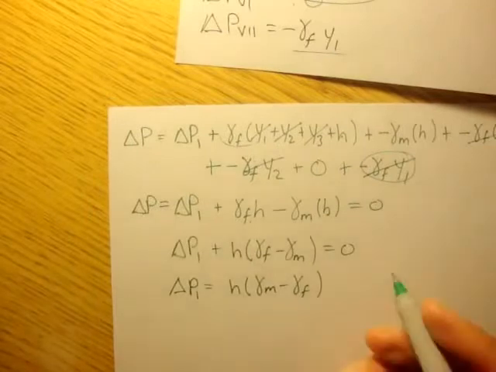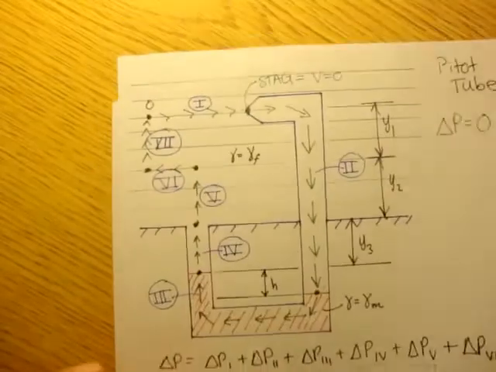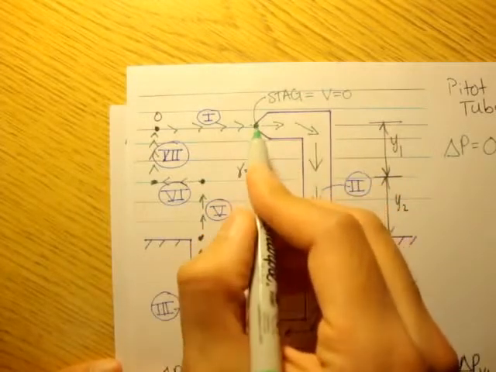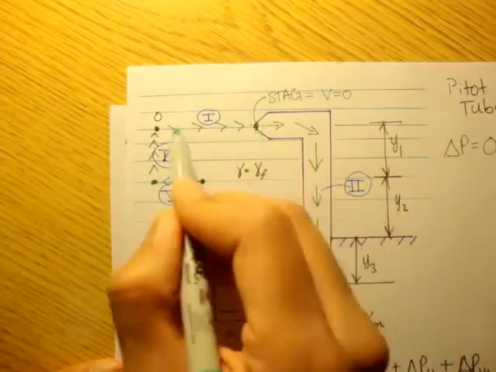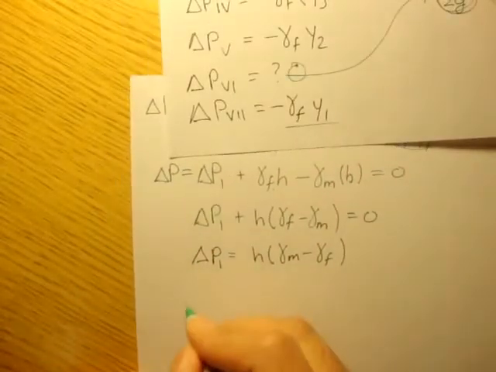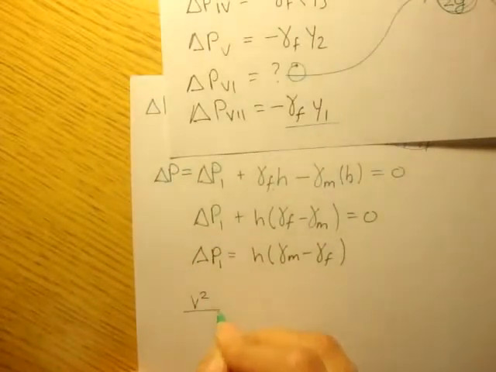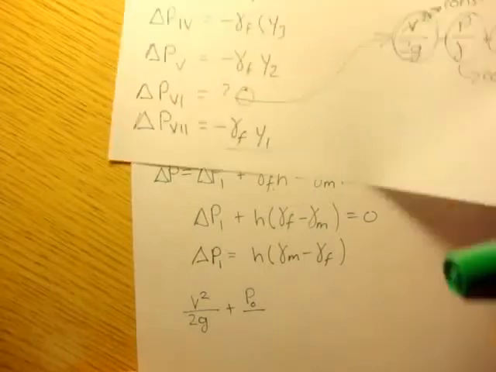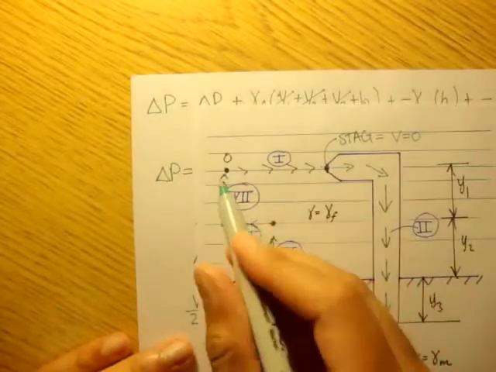So we can use Bernoulli's equation. Remember, the total energy head along a streamline is the same, so energy head here would be equal to energy head here. And remember, our energy head equation was V squared over 2G plus pressure over gamma plus H. We're doing this for point 0.